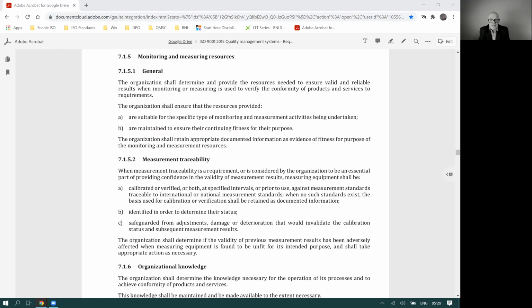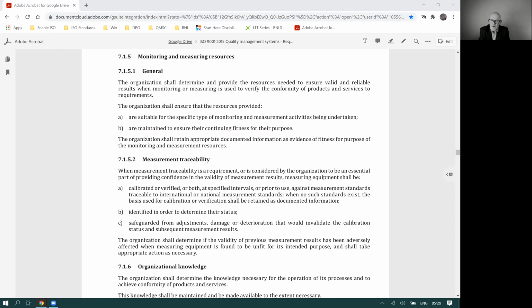I think that speaks for itself in many ways, because if you discover, for example, today that your weighing scales is off, you're obliged under this requirement to carry out an investigation to discover if the weighing scales has been off for a period of time, for how long, and how far back do you need to go to establish the validity and the accuracy of the measurement.